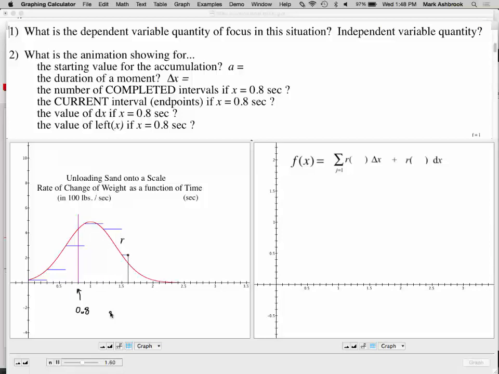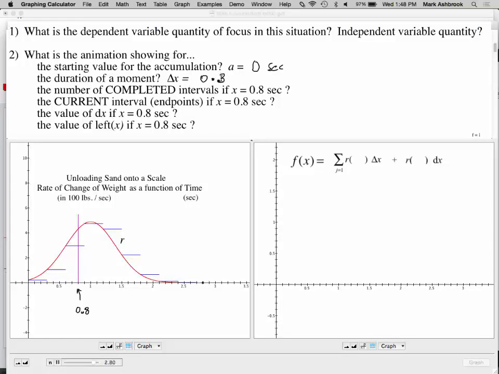Okay. What's our starting value of accumulation? Here. So where are we starting according to this animation? 0. X equals 0. Okay. What's the duration of a moment? 0.3 seconds.